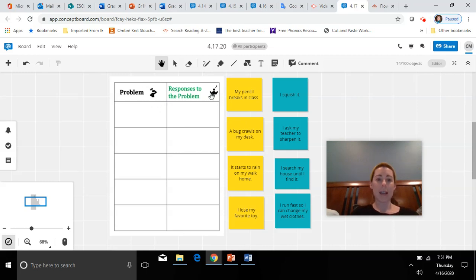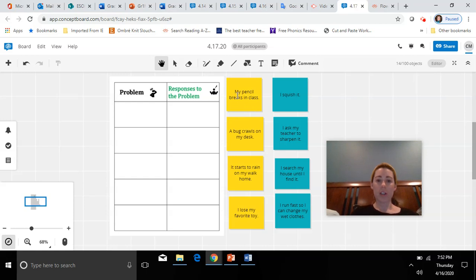And then this side says responses to the problem. What does the character do? Okay, when you have a problem, you have a response too. Let's talk about some problems that we might have. Yellow notes here are our problems, and the blue notes are our solutions. So we're going to try to match them together on this chart.